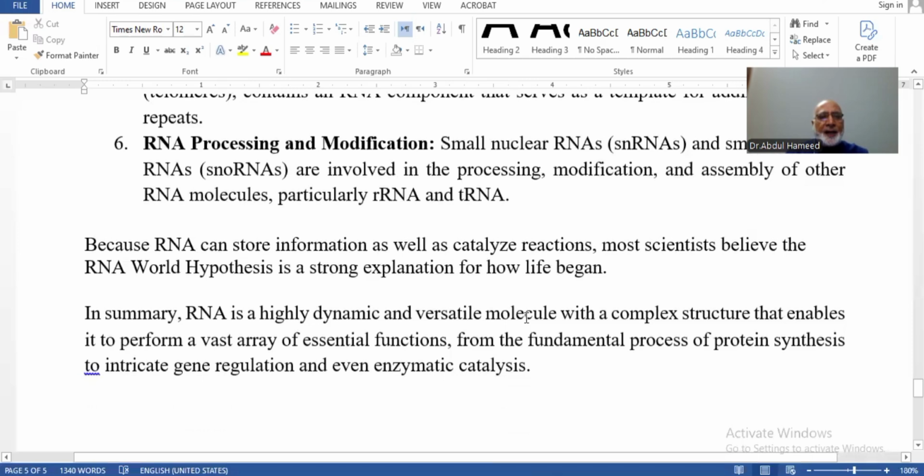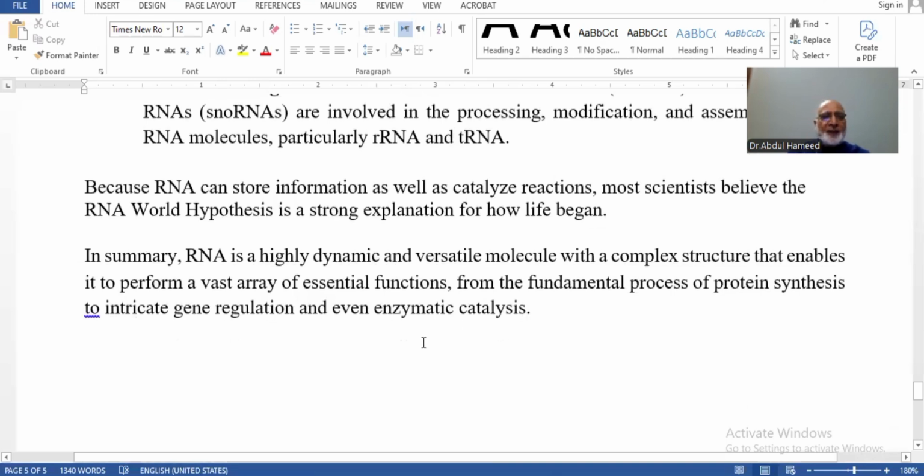Because RNA can store information as well as perform catalytic function, most scientists believe in the RNA world hypothesis in the scientific community, and this is a strong explanation of how life began, because they thought that RNA was acting before the assembly and before the intervention of DNA and even proteins.